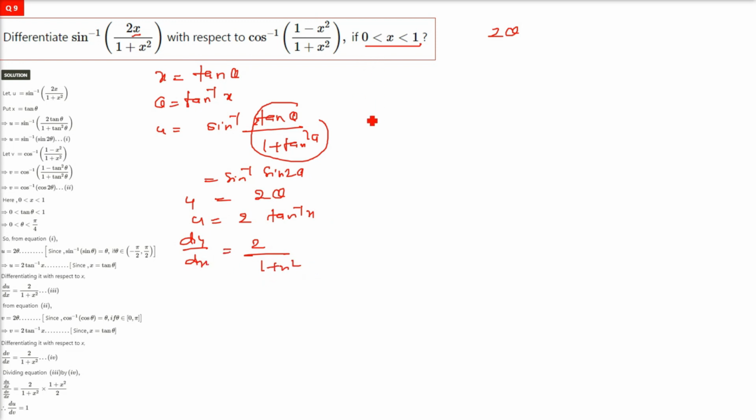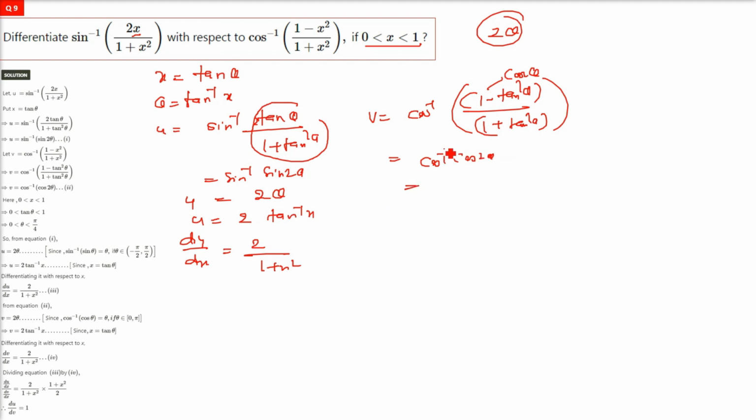Now coming to v. v is equal to what? v is cos inverse of 1 minus x square by 1 plus x square. In place of x I am writing tan theta. So 1 minus tan square theta by 1 plus tan square theta, which is cos 2 theta. So cos inverse cos 2 theta, you can cancel cos and cos inverse, and then only 2 theta will come.